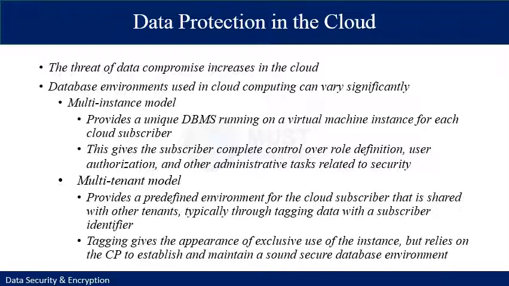Finally, unauthorized parties must be prevented from gaining access to the sensitive data. So the threat of data compromise increases in the cloud due to the number of interactions between risks and challenges that are either unique to the cloud or more dangerous because of the architectural and operational characteristics of the cloud environment.